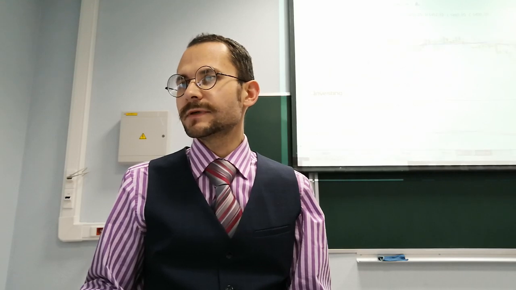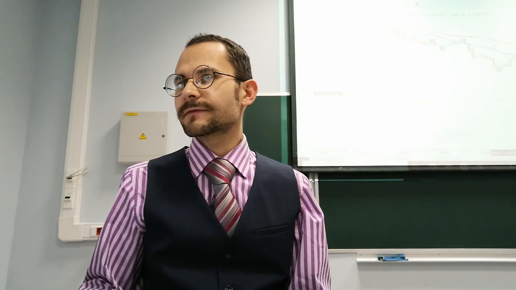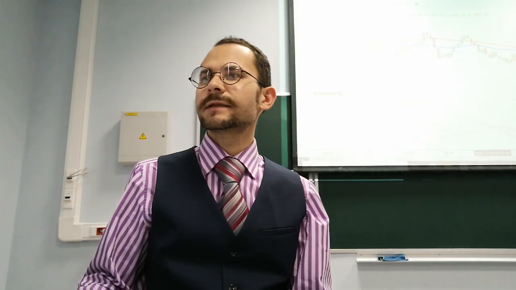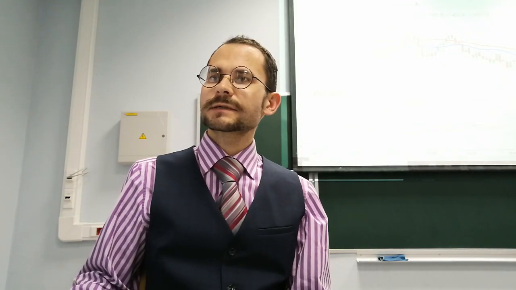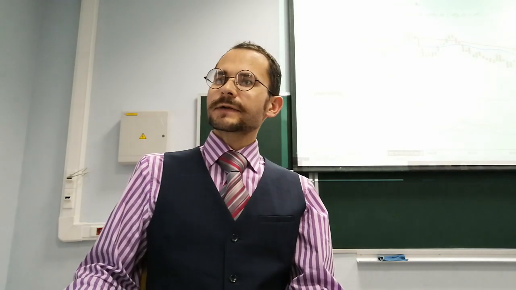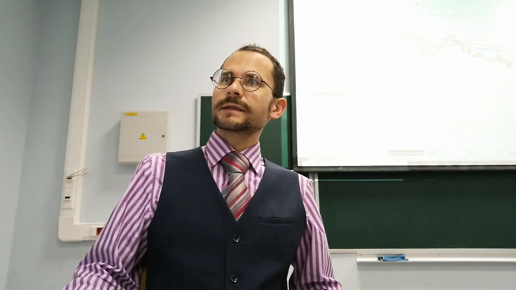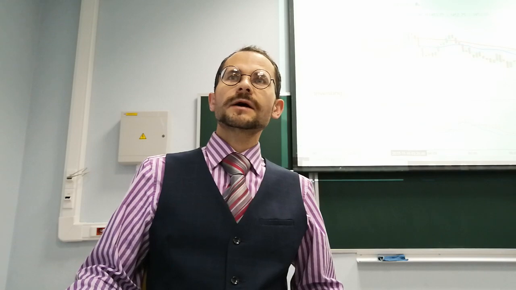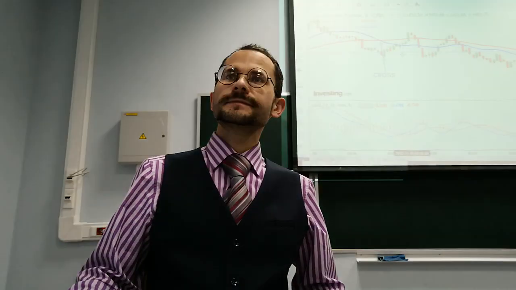Very, very bad movements, I don't like them. For example, I like this one. This is the crossing. The red line goes above the blue one. That means I consider opportunities to sell.